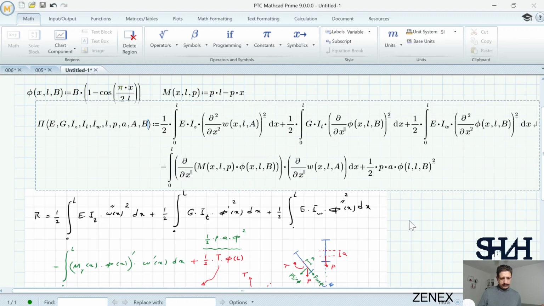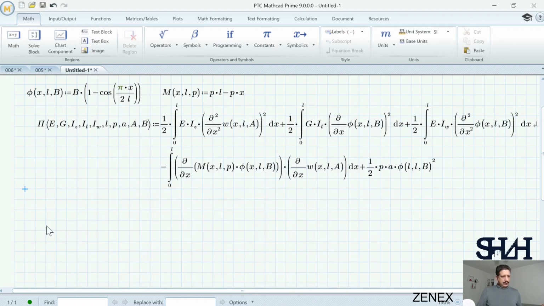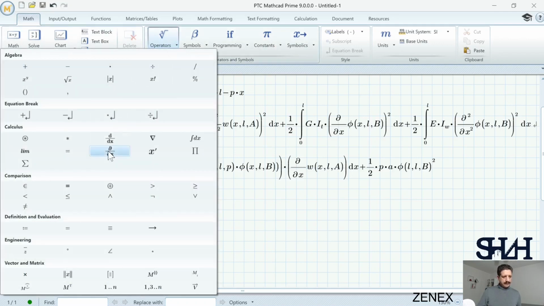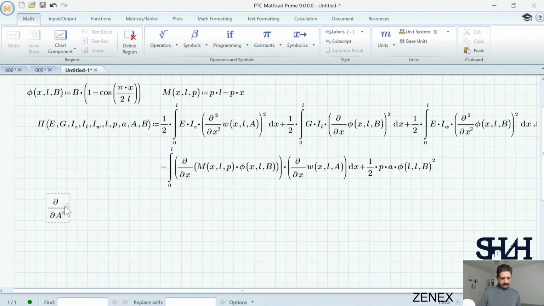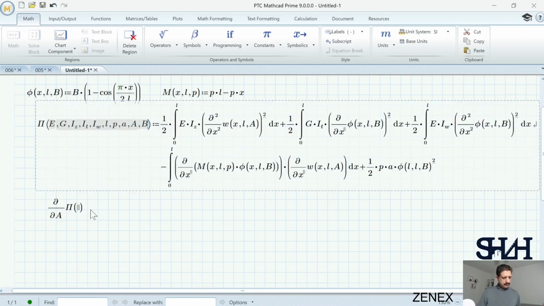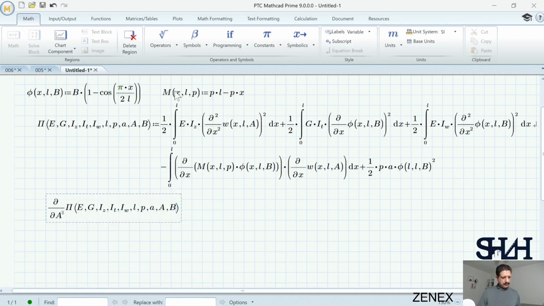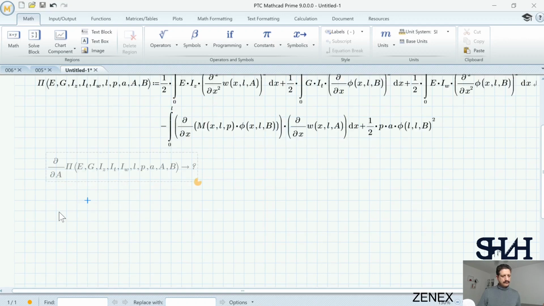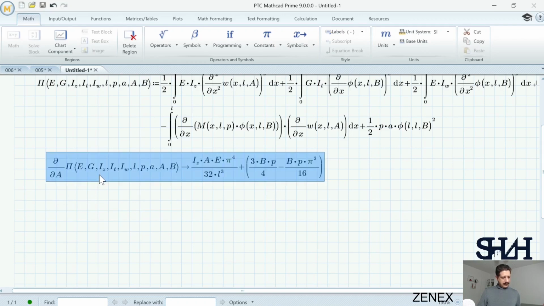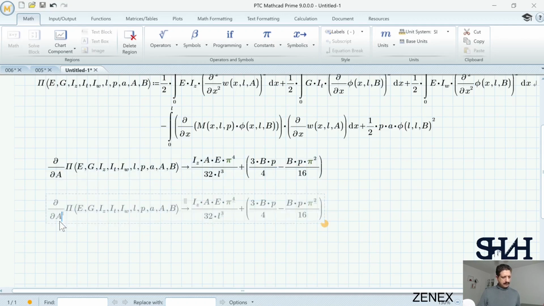Now, we need to take the first derivative of the function pi, the total potential energy, by respect of the two parameters a and b. Very simple. Just take the derivative of function pi and also by respect of b.